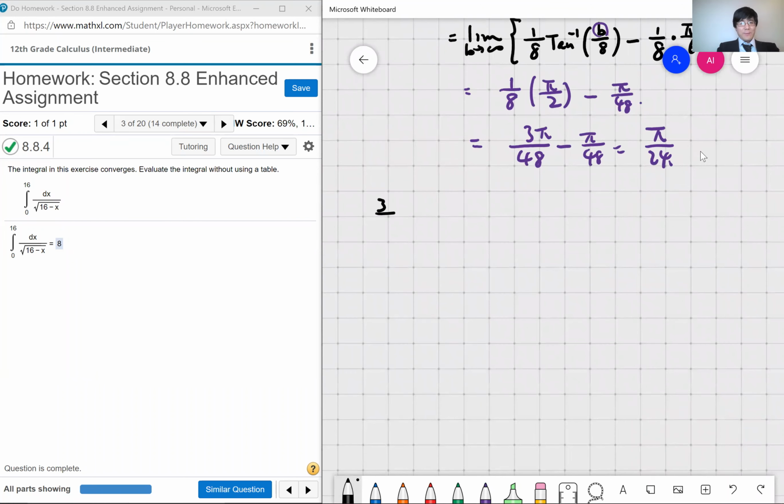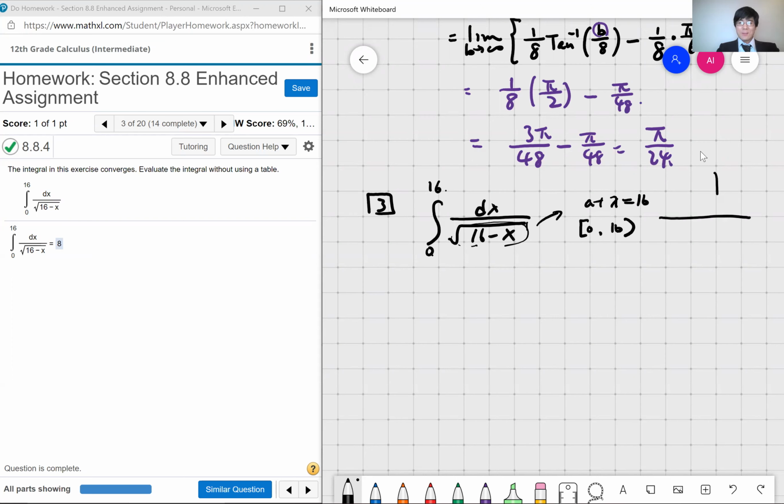Okay, number 3. The integral from 0 through 16 of dx over square root of 16 minus x. Now, the square root function is well defined between 0 and 16. However, this is in the denominator, so this is not continuous, not well defined at x equal to 16. So the graph exists between 0 and 16, but not at 16.